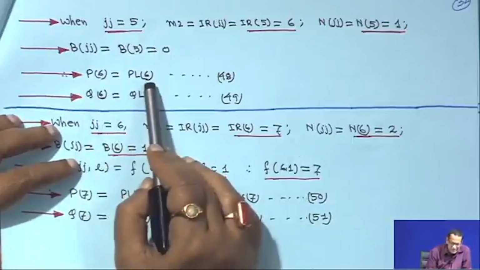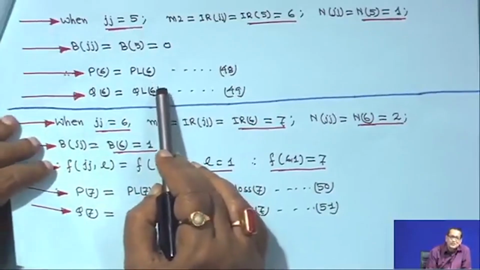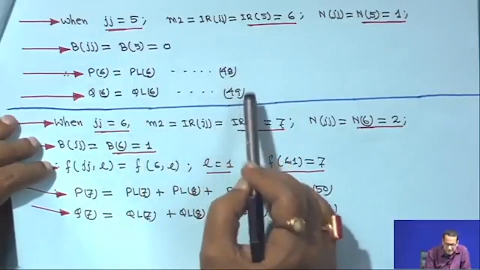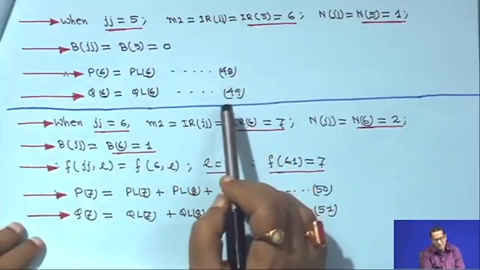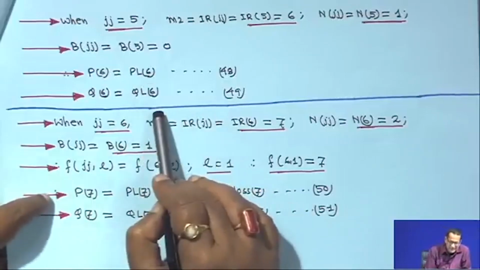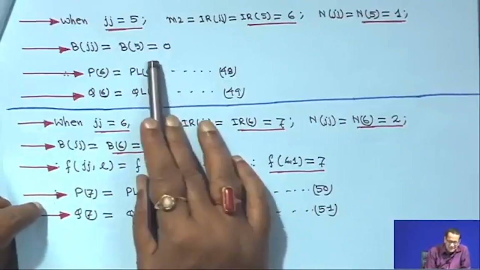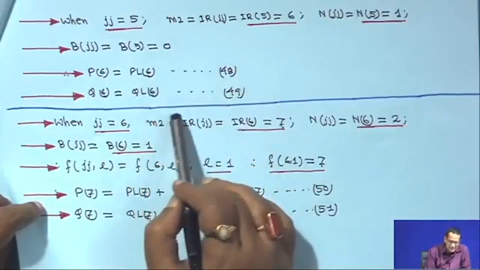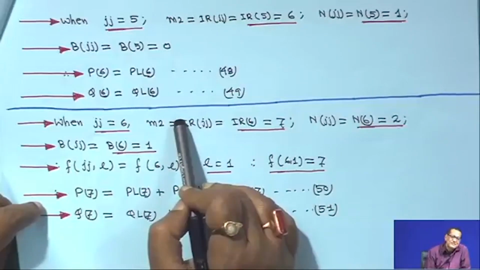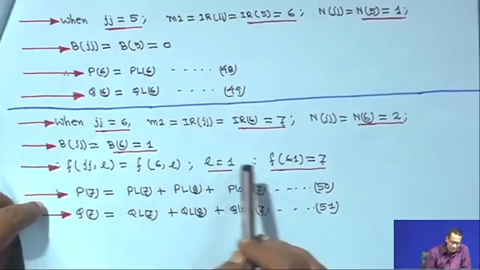That means P6 will be PL6, Q6 will be QL6, this is equation 48, this is equation 49, because there are no branches beyond branch 5. So, in this case B5 is 0 means that the second term of equations 38 and 39 will not exist and only a single term remains.